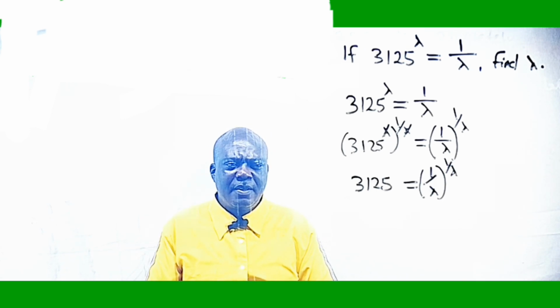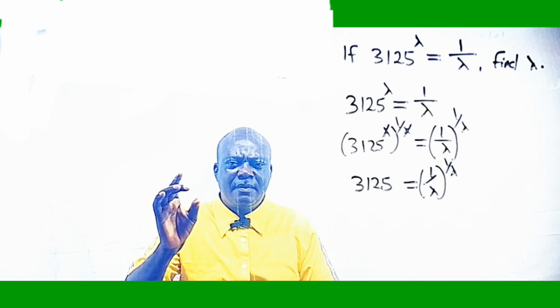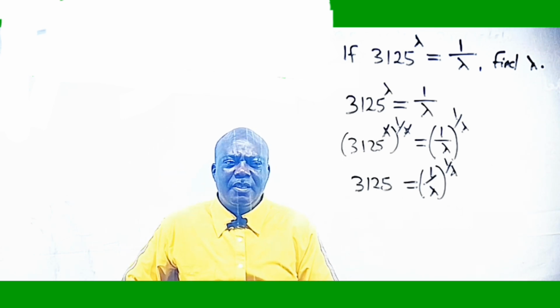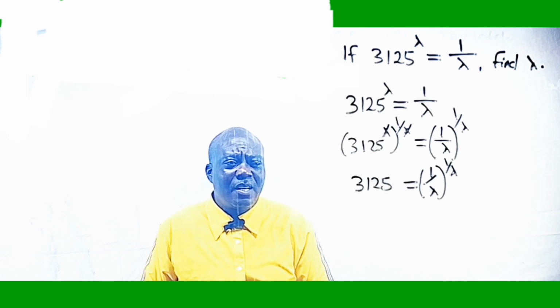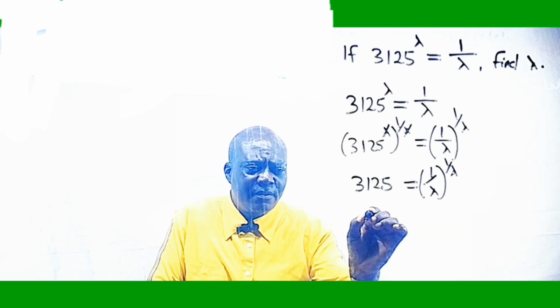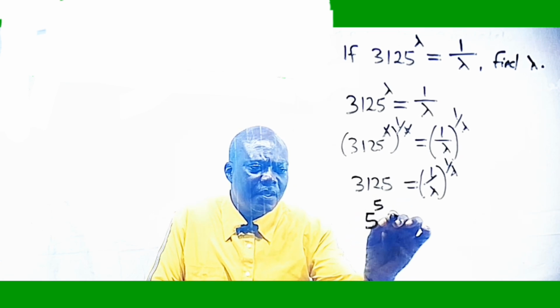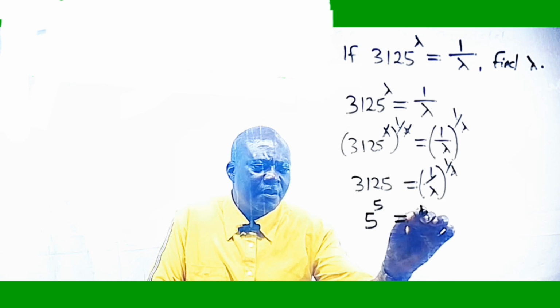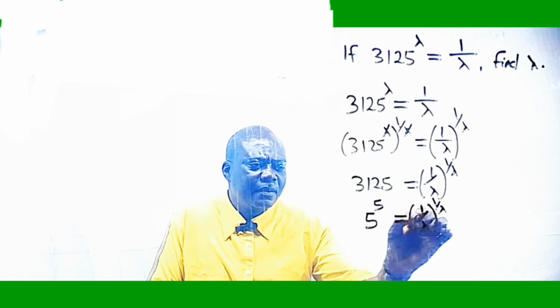It's possible here because 5 times 5 times 5 times 5 times 5 will give you this. So instead of 3125, you now have 5 to the power 5, which will be equal to 1 over lambda to the power 1 over lambda.